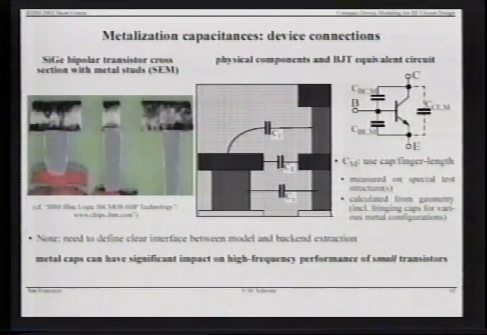This is basically continuing the example. That's a close-up of the transistor we have seen before, and it's just showing the metal studs. You see these metal towers here, they're fairly close together, and you can imagine that there's a lot of capacitance in between these large metals here.